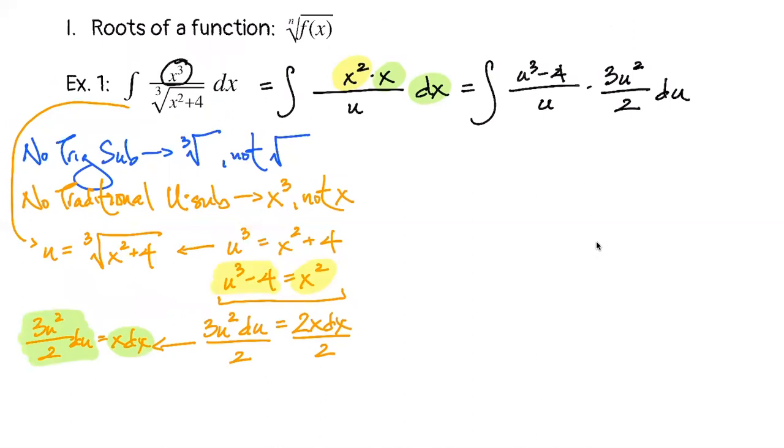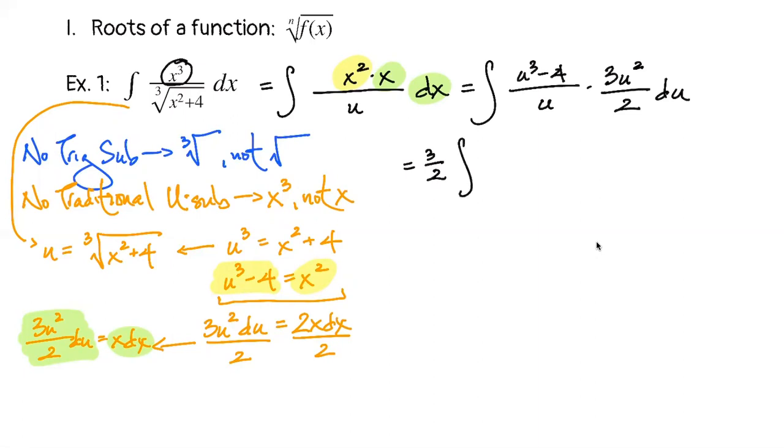Any questions about how I got an equation with all x's into an equation with all u's and du's? So I'm going to start to move constants out to the front. I'm going to start to simplify what I have left in the interior. So I know that I have the 3 over 2 as a constant, so I can pull a 3 over 2 out to the front.